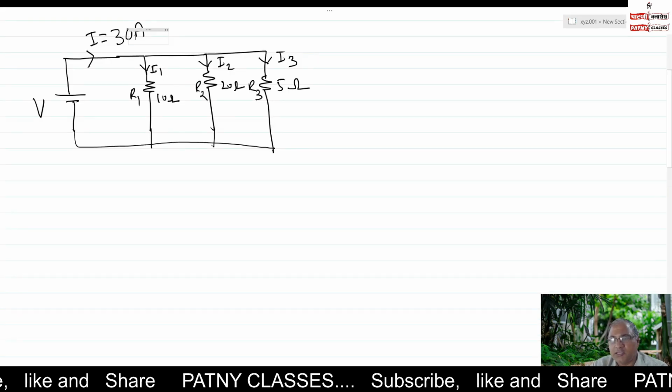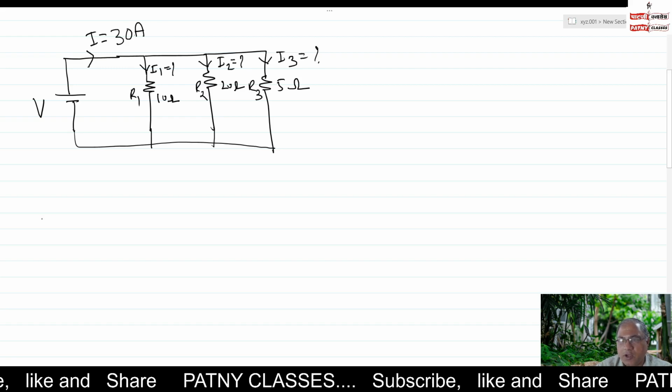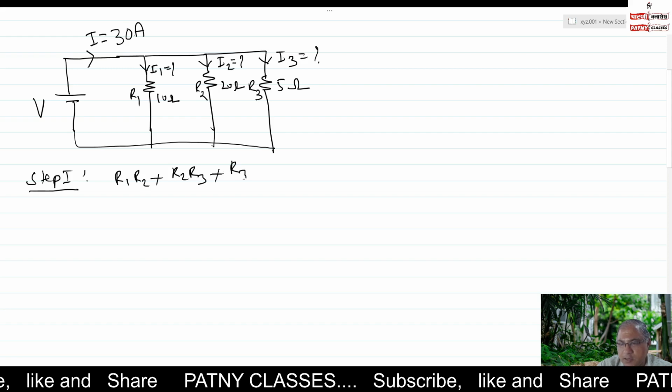We have here the 3 resistors. R1 equals 10 ohms, R2 equals 20 ohms, and R3 equals 5 ohms. Now suppose we want to find out I1 equals how much, I2 equals how much, and I3 equals how much. So step number 1, R1 R2 plus R2 R3 plus R3 R1.